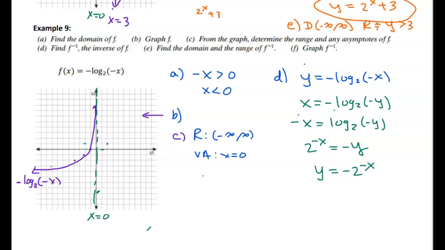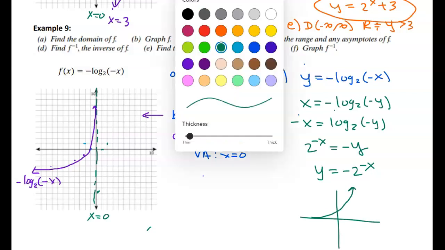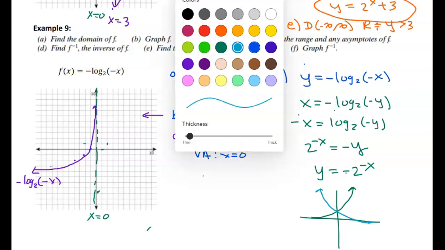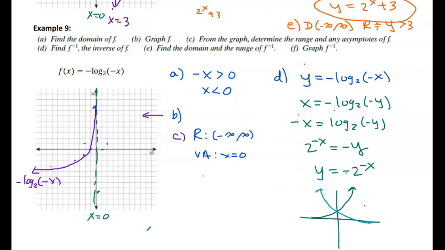Right, so this is the exponential function 2 to the x, which looks like that, reflected across the y-axis, which is going to look like this, and then reflected across the x-axis, which is going to look like this. Right? So that's what we're looking for.